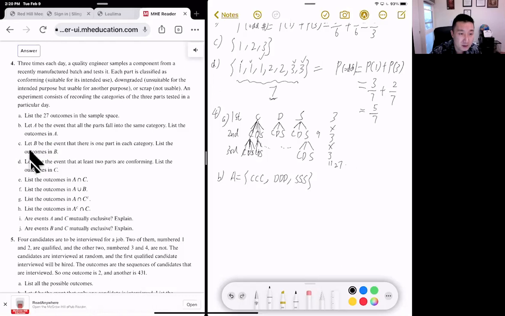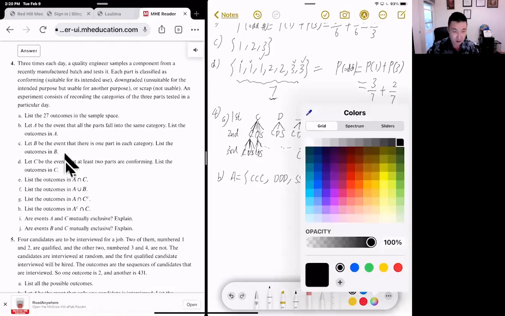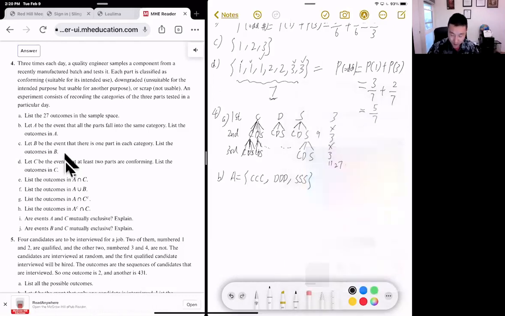Part C, B is the event that there's one part in each category. And this also comes from the same list. There's no easier way to do that. You just look at all the 27 possible outcomes and make sure no one is repeated.